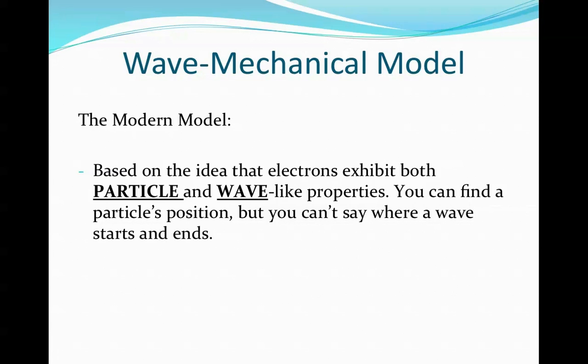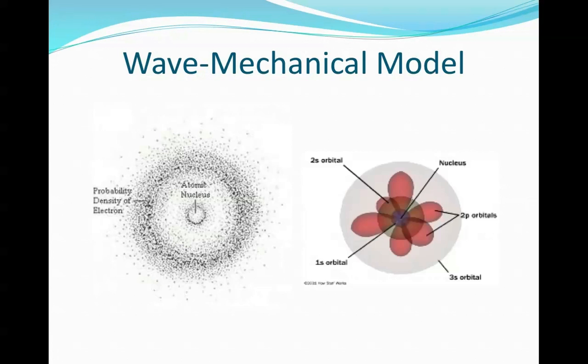One big part that was contributed to this theory was the idea that electrons exhibit both particle and wave-like properties. Now, we can find a particle's position, but you can't say where a wave starts and ends. So it's kind of a combination of what they think electrons act like.